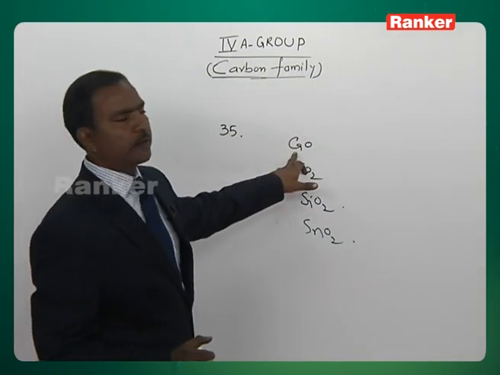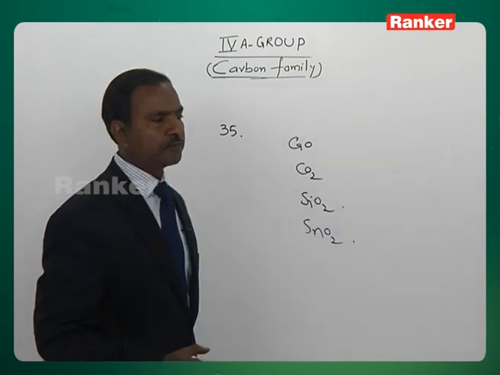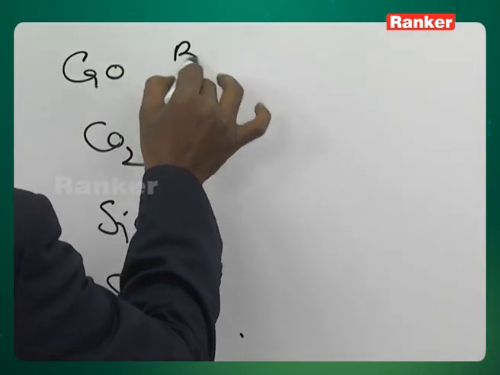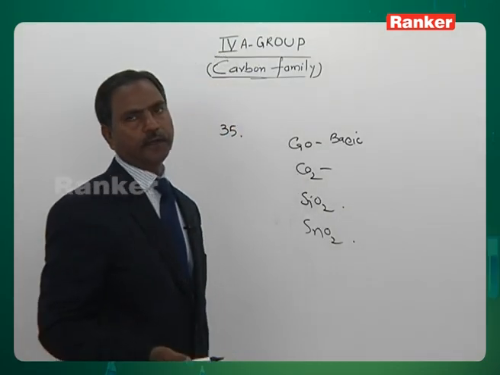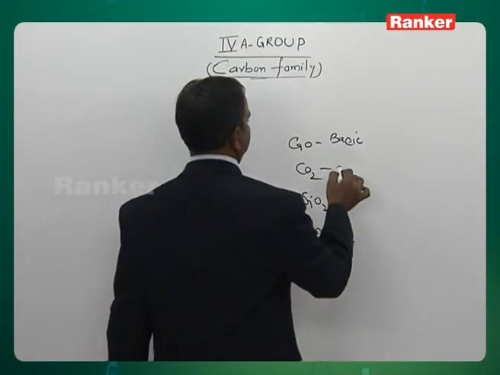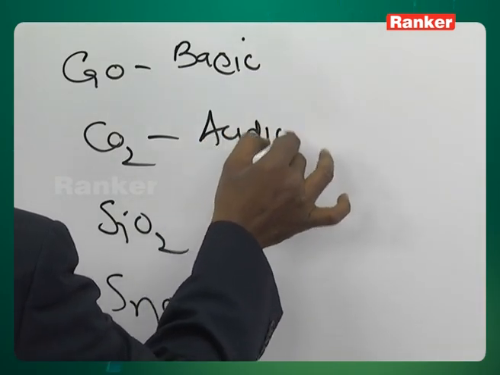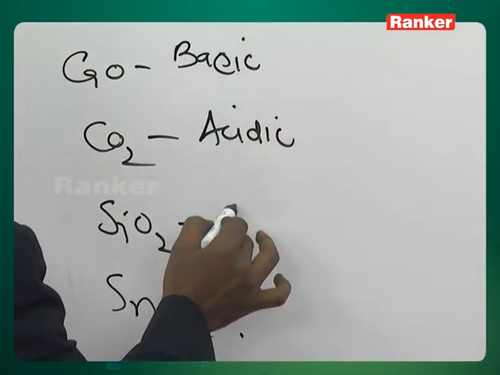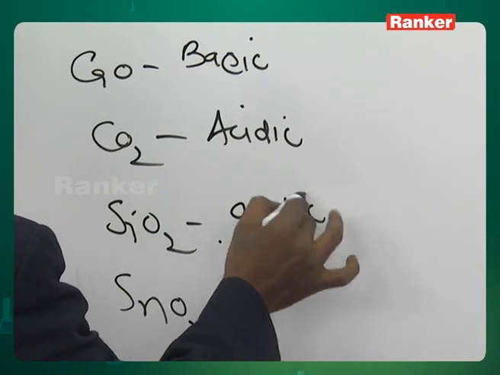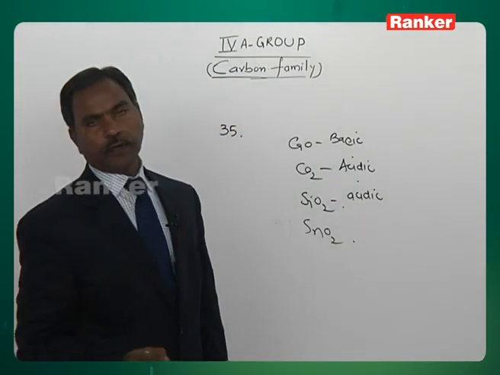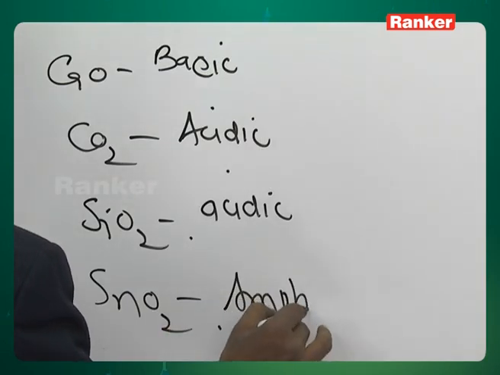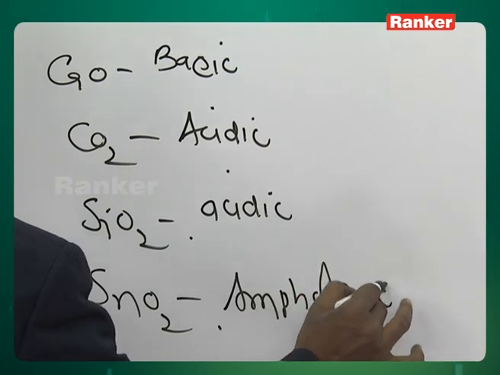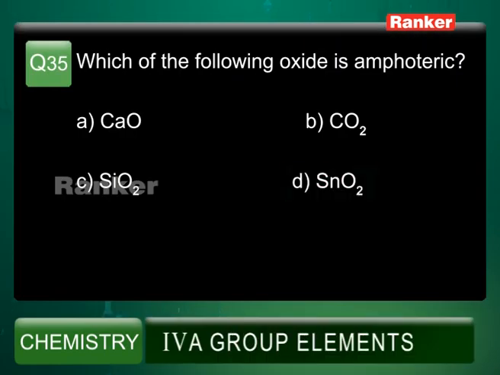Yes, CaO is the alkaline earth metal, basic oxide. CO2 non-metallic oxide, CO2 is actually acidic oxide. SiO2 also acidic, non-metallic, acidic oxide. SnO2 heavier metallic oxide, this is what actually amphoteric oxide. Therefore, question number 35, answer D.